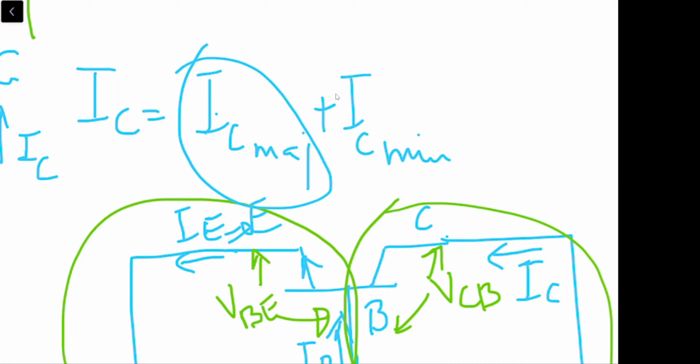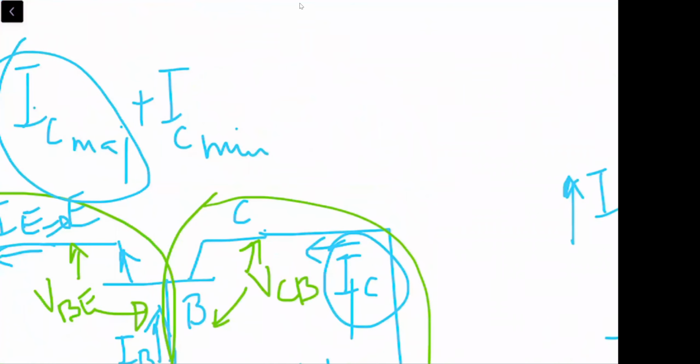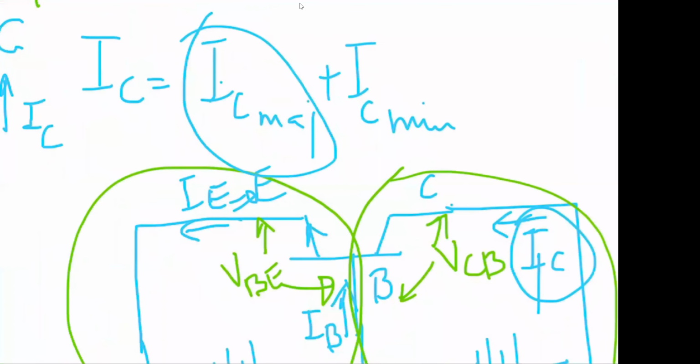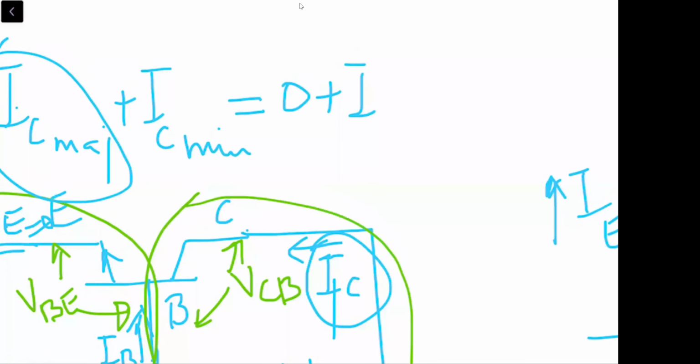And in that specific case, when we look into this circuit, this current which is flowing over here, IC, is only due to the minority carriers, and this current over here will be taken as 0 plus ICBO.